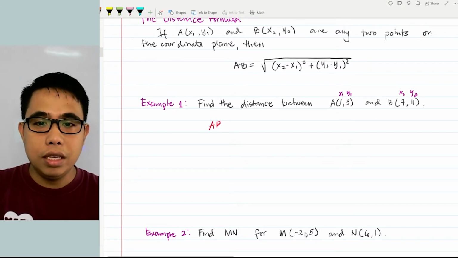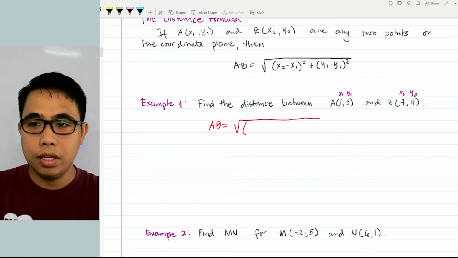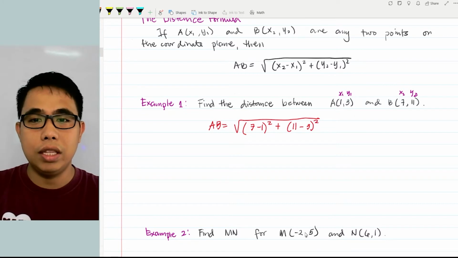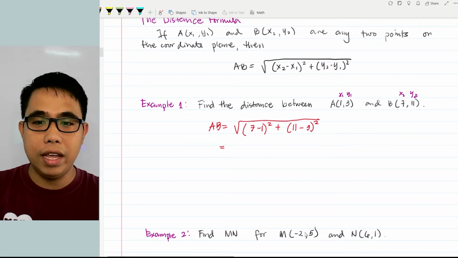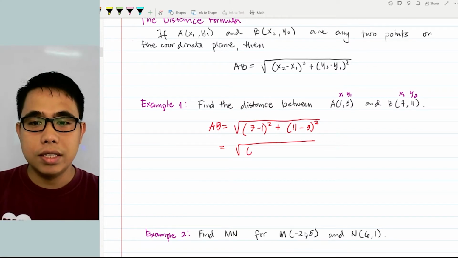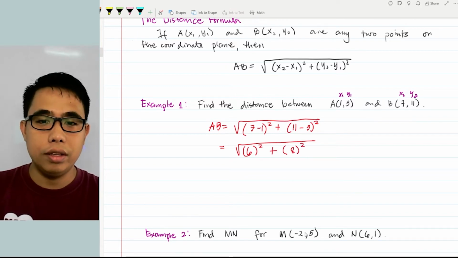So AB then is equal to the square root of, x sub 2, that is 7 minus 1, the quantity squared, plus 11 minus 3, the quantity squared. We simplify. That is the square root of 6, 7 minus 1 is 6, squared, plus 8 squared.